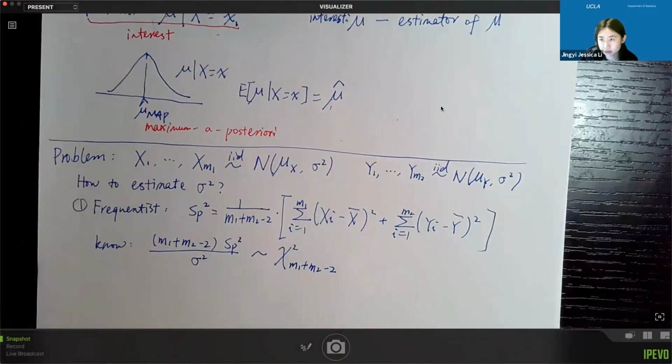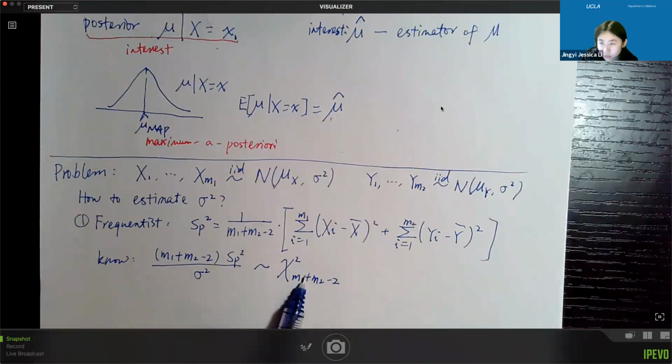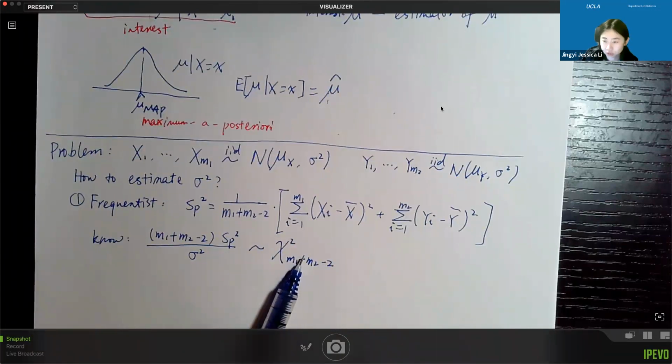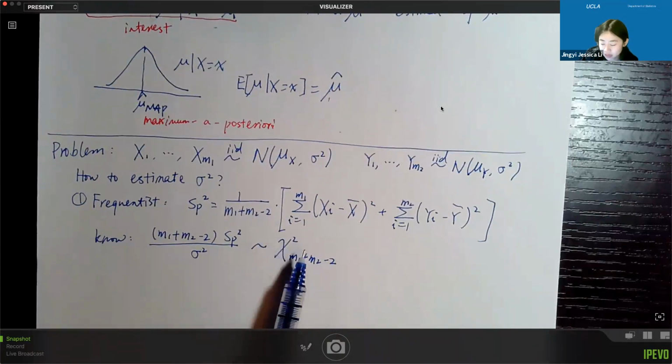This is a mathematical statistics result. And then, because the chi-square is a well-defined distribution, we know its mean or expectation is its degree of freedom, and its variance is 2 times its degree of freedom. So with this in our mind, we could actually write down the mean and the variance for our SP square.